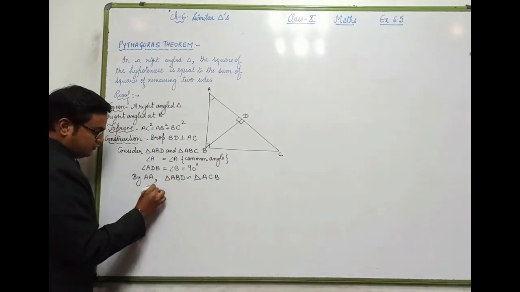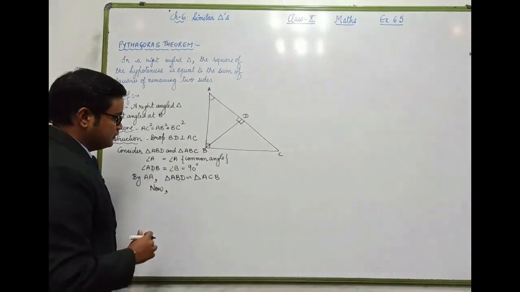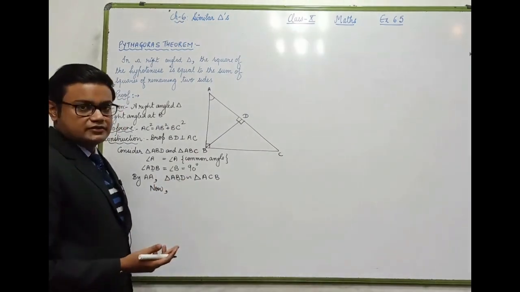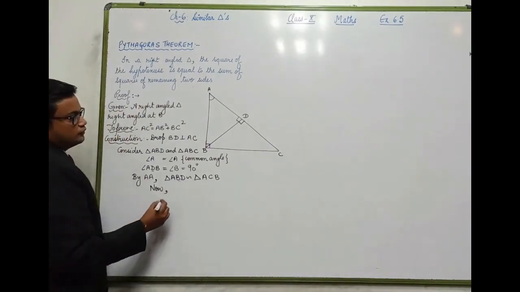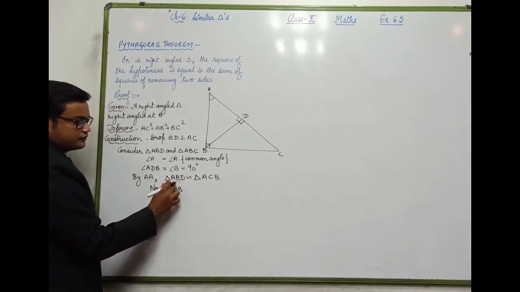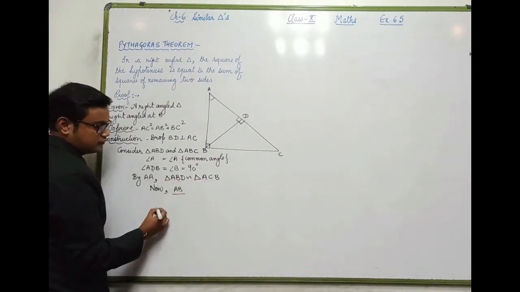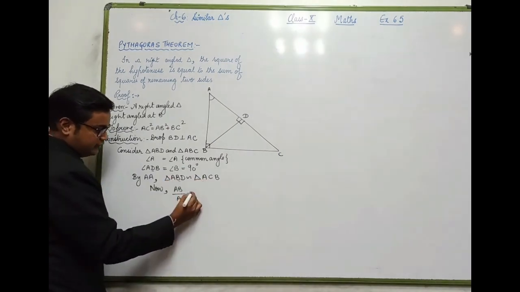Now, as we know that when the two triangles are similar, the ratio of the corresponding sides of the two triangles are equal, right? So let us take AB, the first two letters, then I have to place AC in the denominator, AB over AC, right?